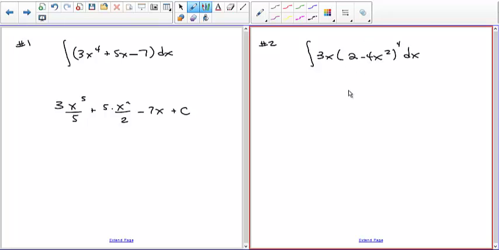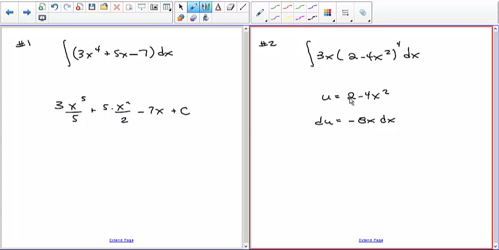I think you guys did a better job at this. So we let the argument of the exponential part be u, and then we take the derivative. The derivative of 2 is 0, and the derivative of -4x squared is -8x dx. So don't forget the dx in this part.